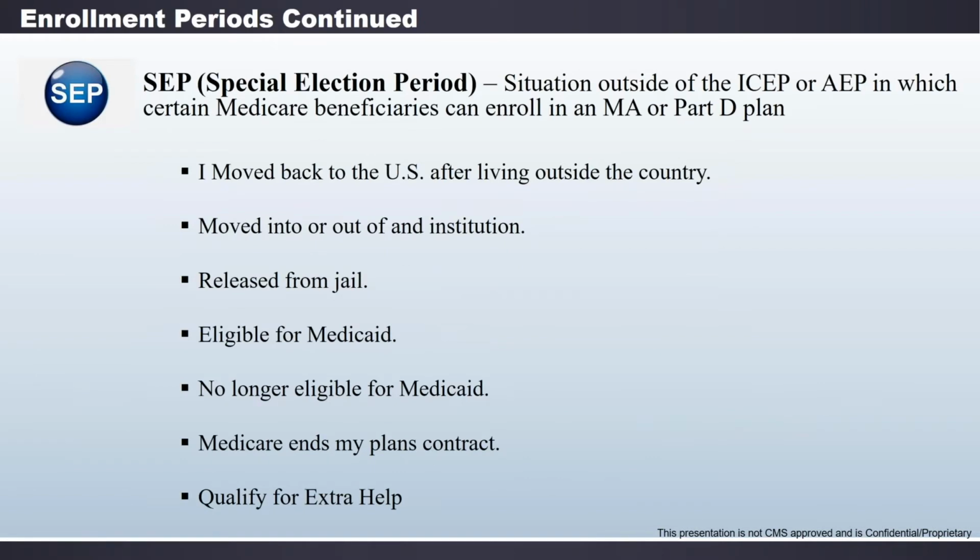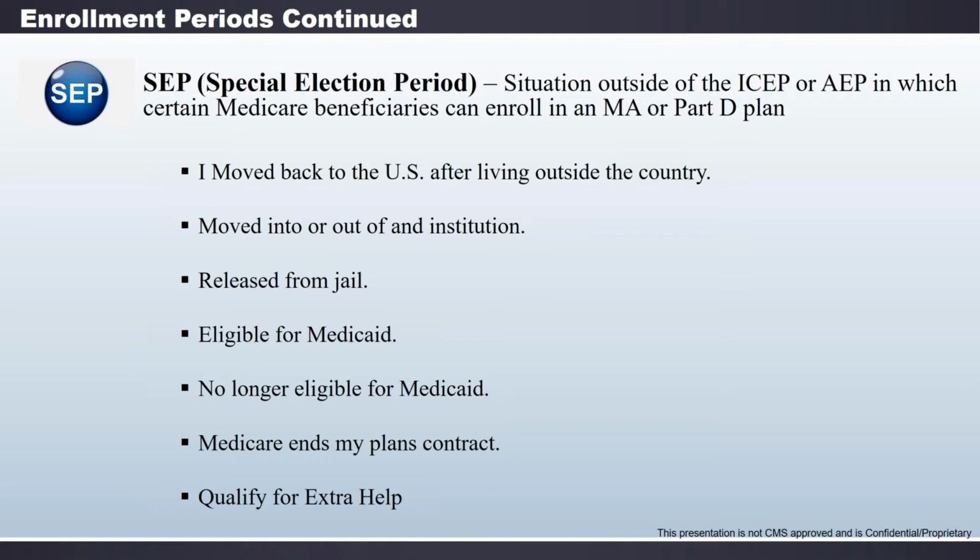So, special election periods. This is a situation outside of the ICEP or the AEP in which certain Medicare beneficiaries can enroll in a Medicare Advantage or a prescription drug plan. So, a person moved back into the US after living outside the country for a little while, or moved out of an institution, like that care facility David was talking about, or released from jail.